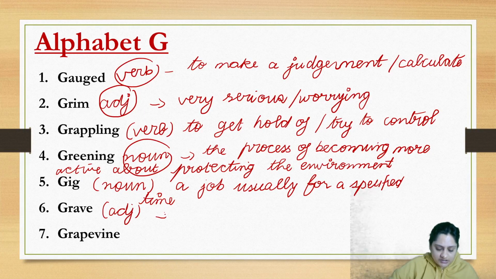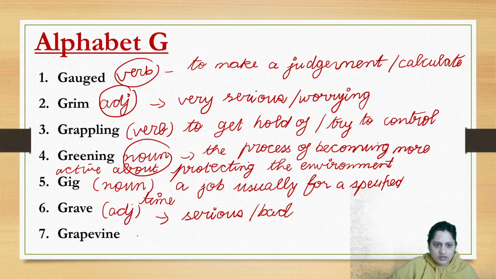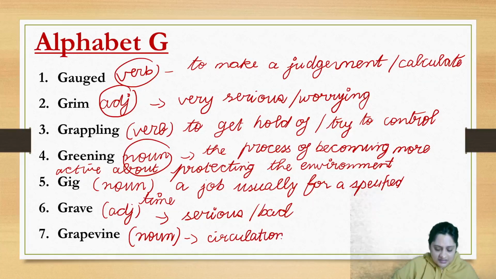Grave is an adjective which means very, very serious, bad, grave situation, serious situation. Okay, grave. Grapevine is a noun word. Okay, circulation of rumors. For example, when it happens in a team, there are rumors that are spread. Circulation of rumors, which is unofficial information that is spread, that is called grapevine.